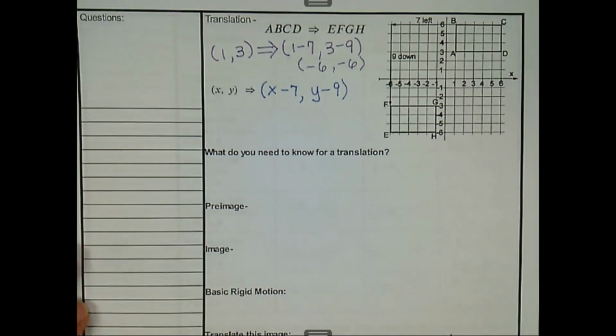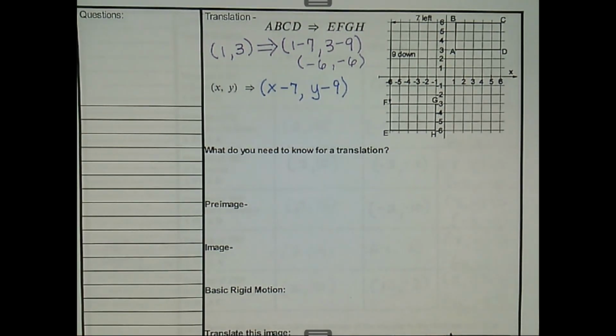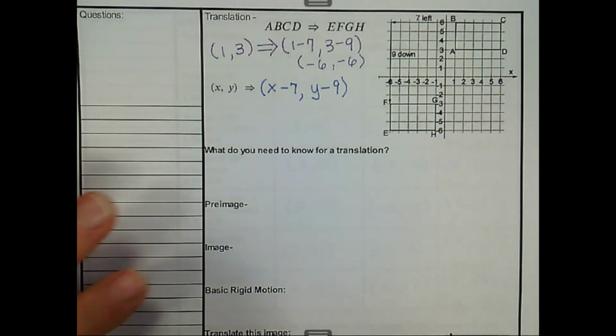Well, first of all, you've got to know which way it's moving and how much. So you need to know the units and direction the figure is moving, both horizontally and vertically.